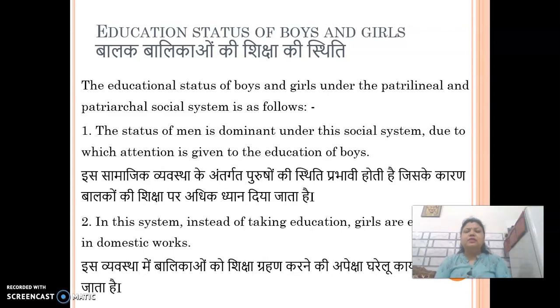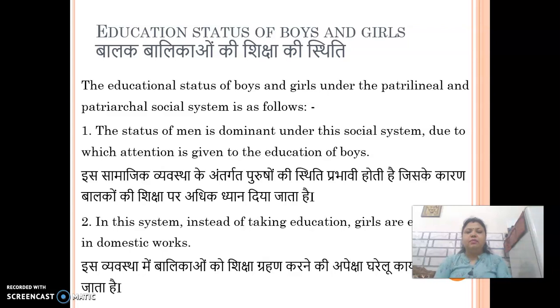But the girls' education is not very important for them. So the girls do not have many opportunities to get or pursue education. In rural areas, the dropout rate of girls from school education is also very high as compared to boys.